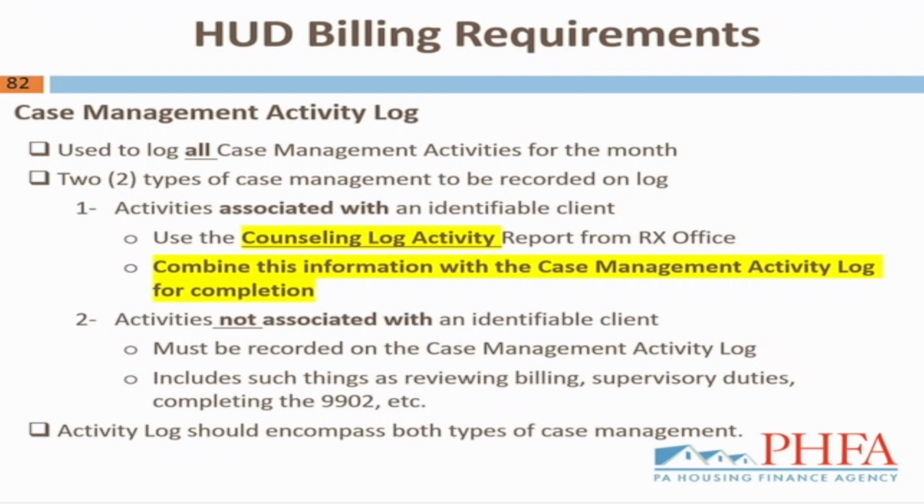The second type of case management is activities not associated with an identifiable client. This must be recorded on a case management activity log and includes such things as reviewing billing, supervisory duties, or completing the 9902, etc. The activity log should encompass both types of case management.